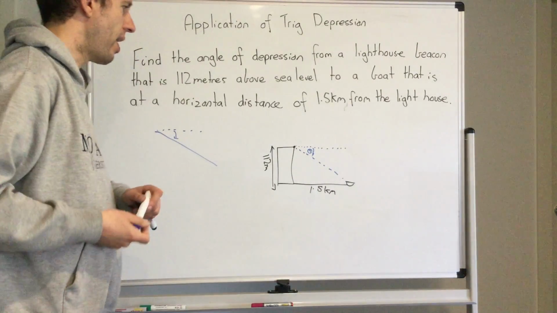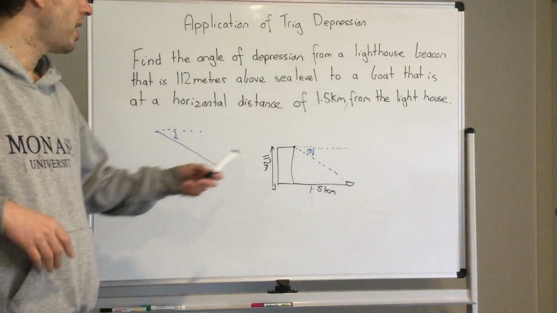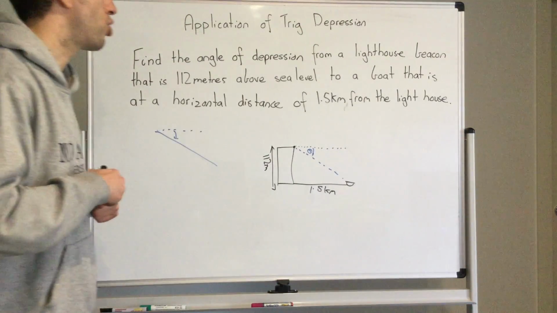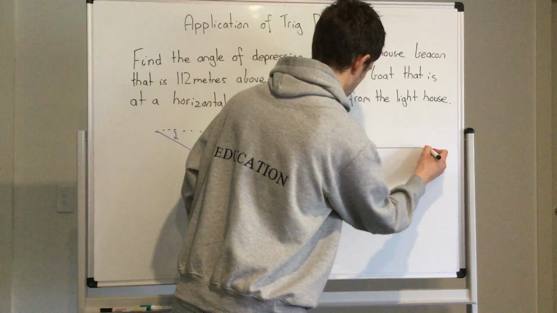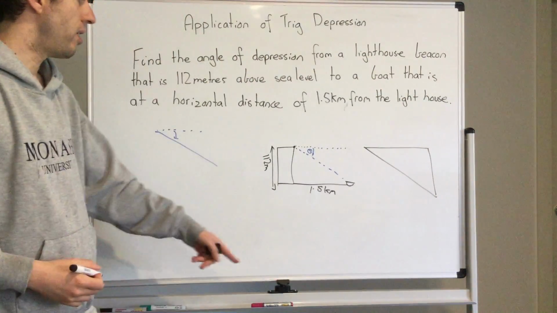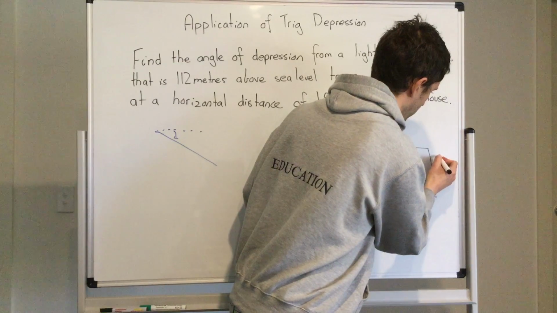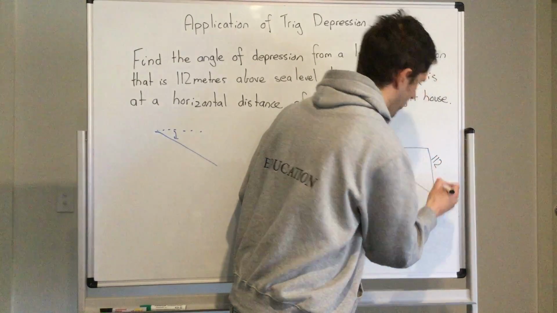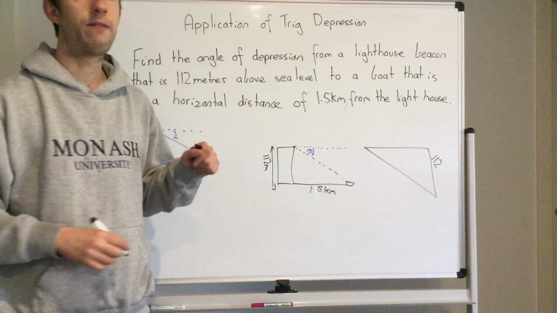The first thing I think about is the information I have, and I'm going to redraw my triangle because I'm looking at this triangle here. I'm going to draw that triangle. I know this side's 112 meters. I know this side is 1.5 kilometers.